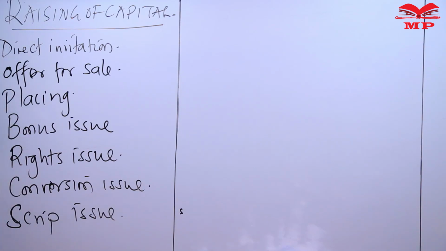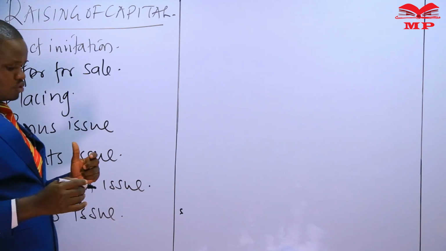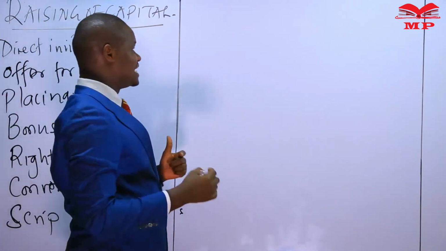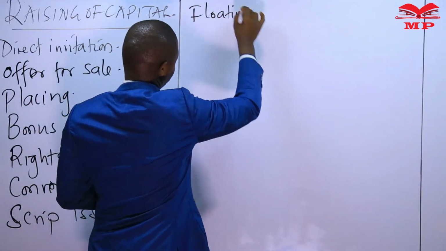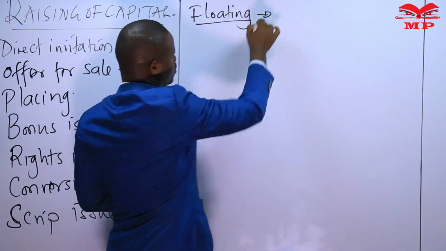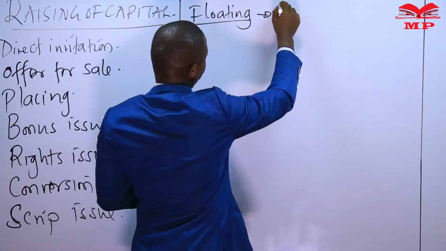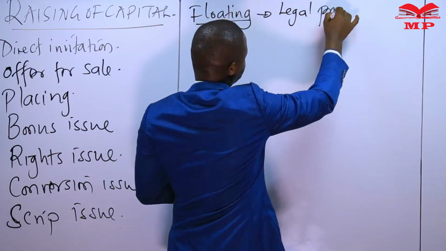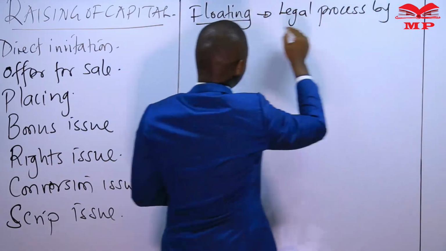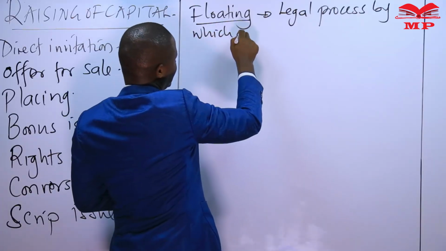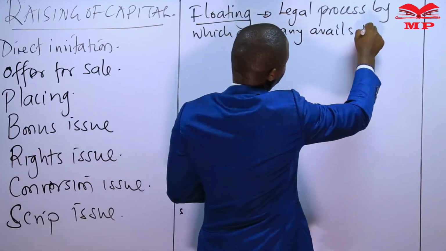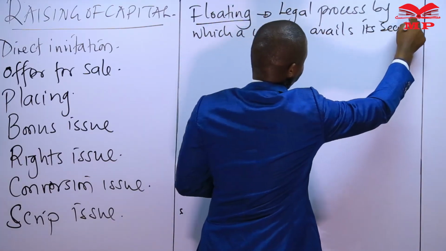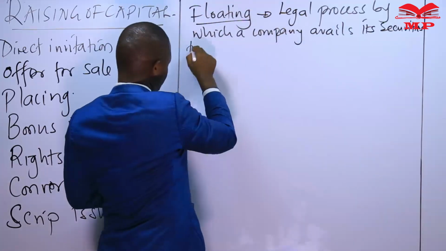We shall see that some of them are external sources, while others are internal sources. Where capital is being raised from an external source, we shall be looking at the process known as the flotation process, or floating of shares, which is the legal process by which a company avails its securities to the public.